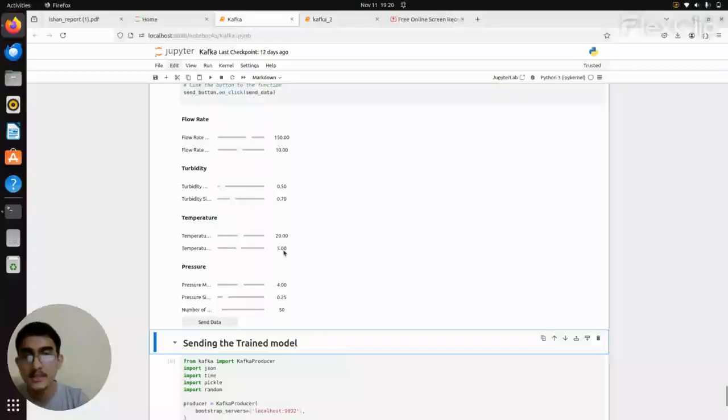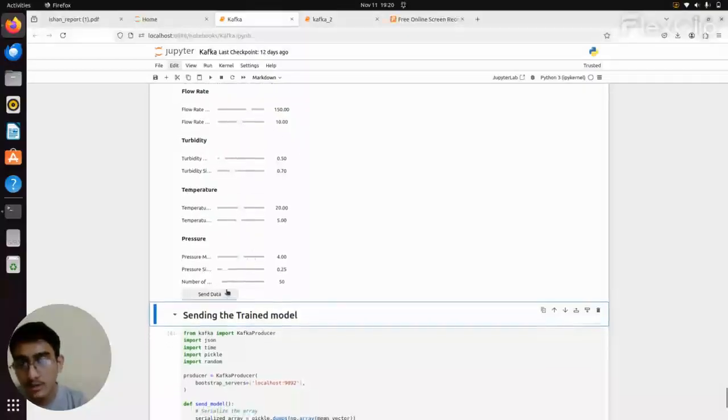This is an interactive Kafka producer where we can decide certain characteristics of each feature we want to test. For example, if we are drawing flow rate from a normal distribution, this notebook asks us to decide the mean and variance. Similarly for pressure. We can also select the number of data points we want to send.